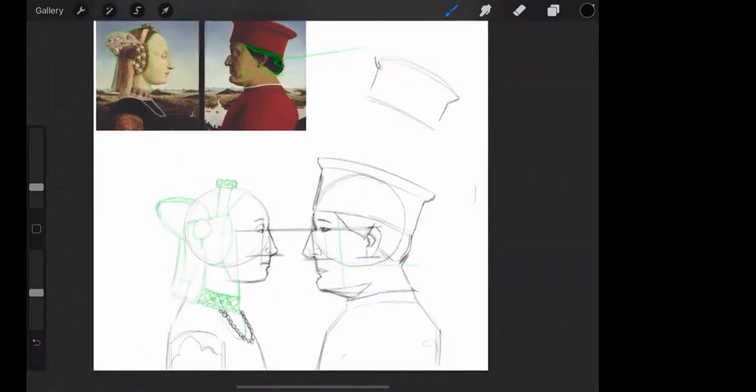Since we share the same eye line, when you want to draw two subjects that face and look at each other, you can share some lines for the basic proportion.